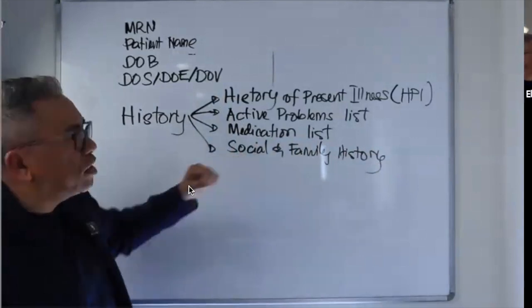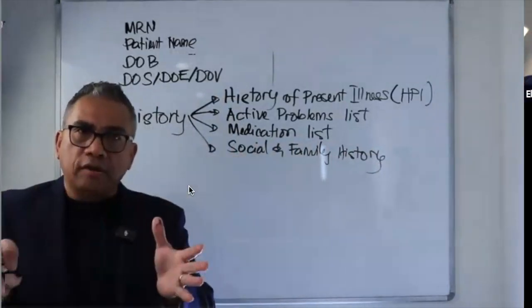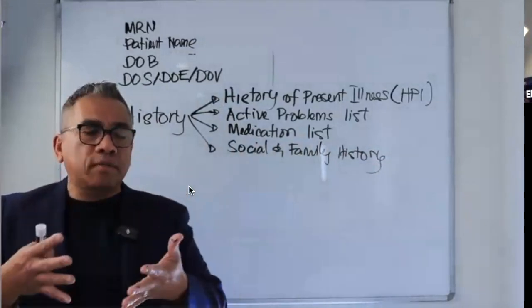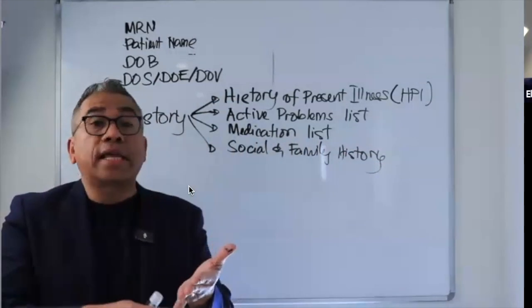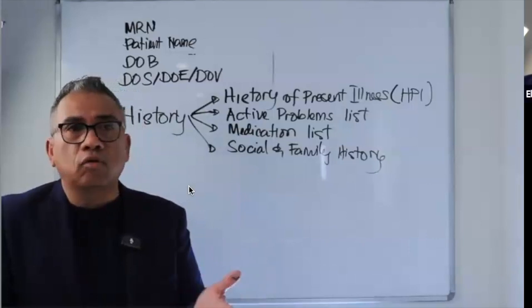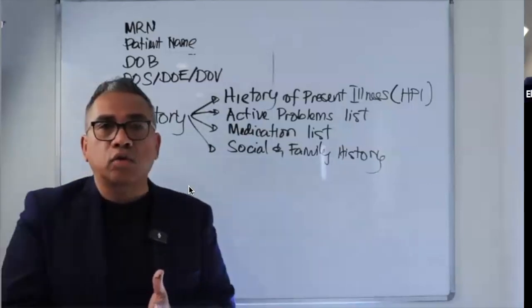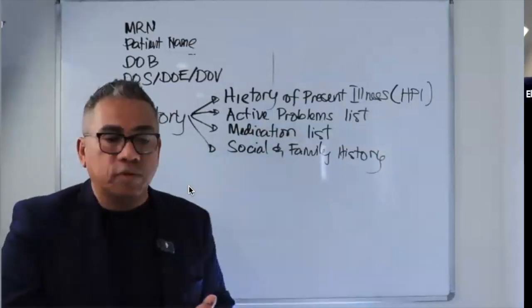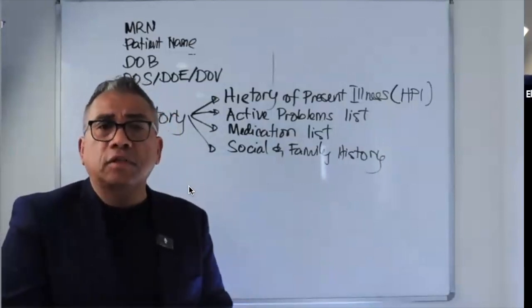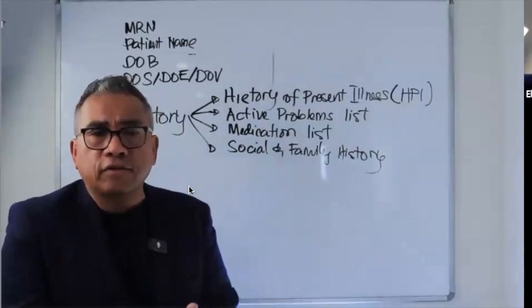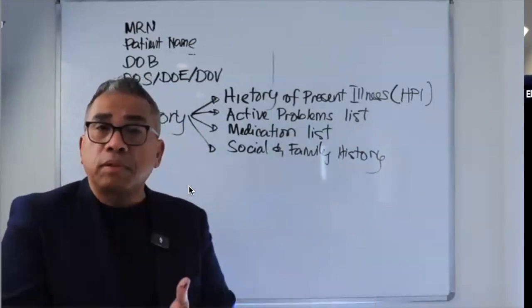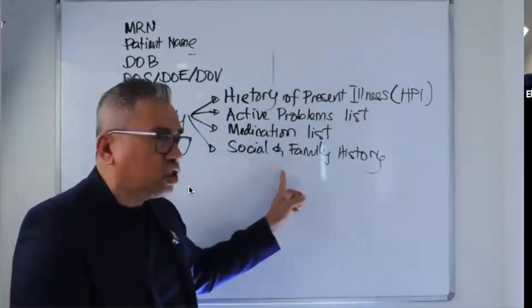Social history would be the part of the patient's record where it is indicated whether the patient is an active smoker, whether the patient drinks alcohol occasionally or has a chronic alcohol use pattern. What else? The patient's vocation, occupation. The patient is a professional, works in a factory, or is a public service type of employee. Everything here is in social history.